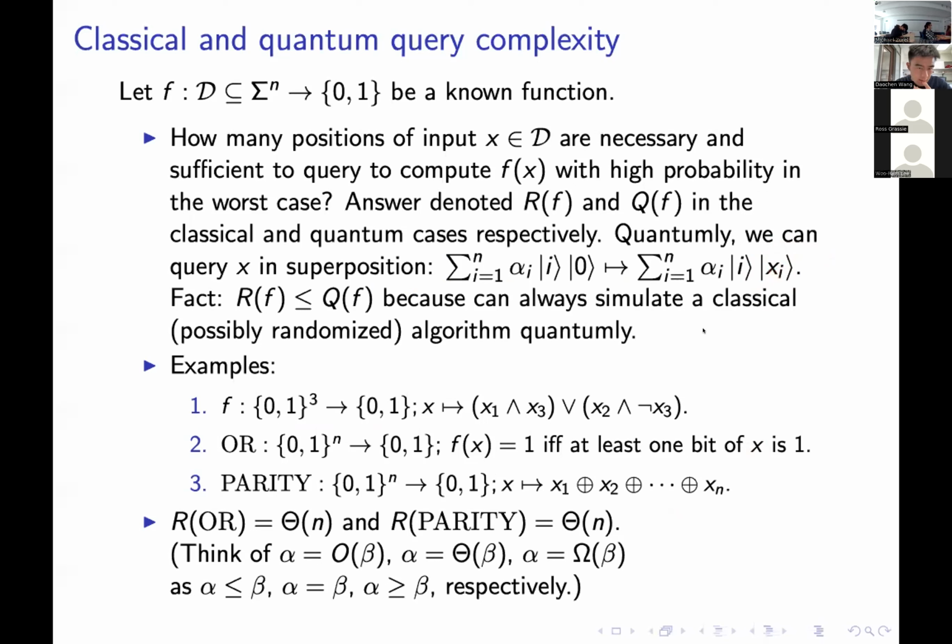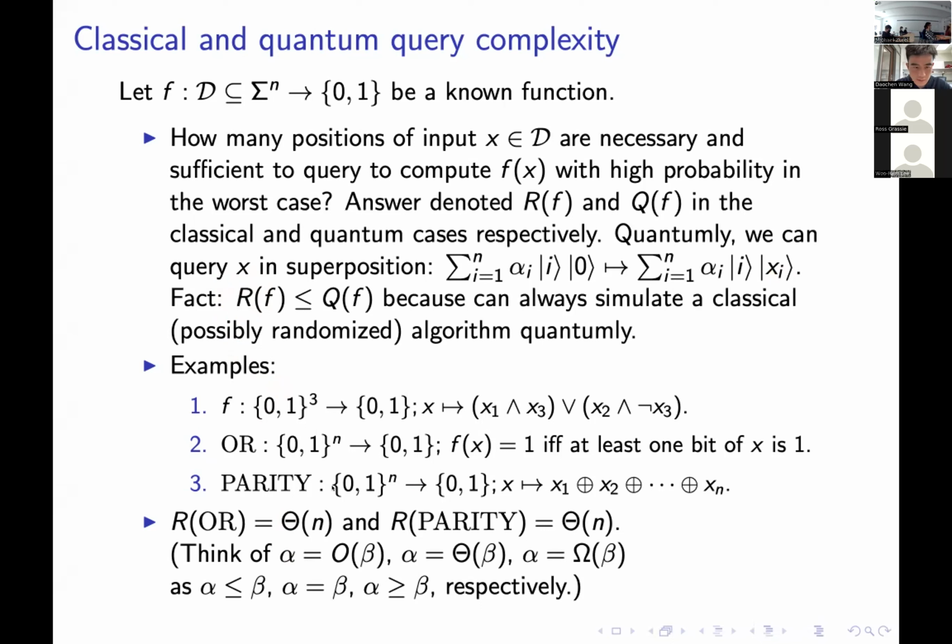It is a fact that R of f is at most Q of f, and this is because we can always simulate a classical and possibly randomized algorithm quantumly. In fact, the allowance for randomized algorithms is the reason why the classical query complexity is denoted with an R.